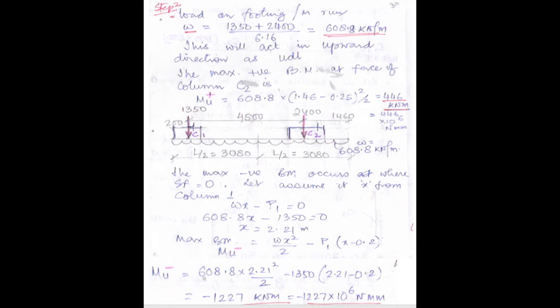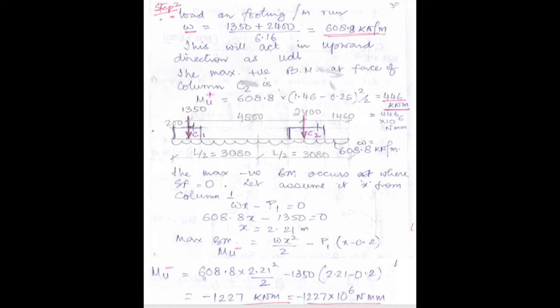You see the diagram over here. In the next slide I have shown you the SFD and BMD also, but now you concentrate on the diagram. We are finding out the maximum positive bending moment at the face of the column C2. What is the dimension of the C2? 500 by 500, correct? So how will we find it out? That is W L square by 2, because that part will be acting as the cantilever projection.